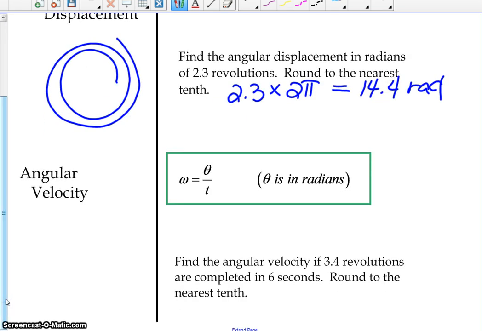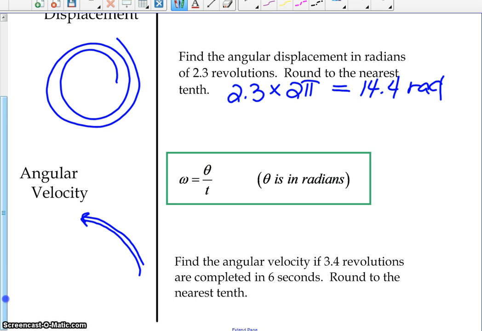Again, we're going around and around. Anything more than 2 pi is more than a circle. Angular velocity. The angular velocity is the velocity as your angle is changing as you're going around. Usually velocity is considered in a straight line. Angular velocity says that we're going around in a curved, circular pattern.